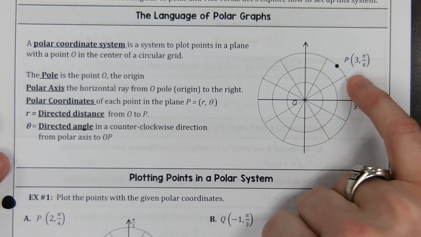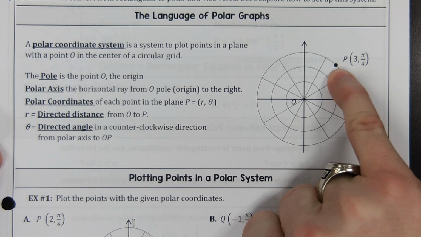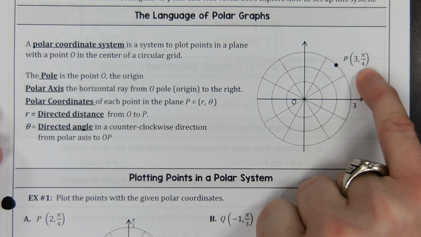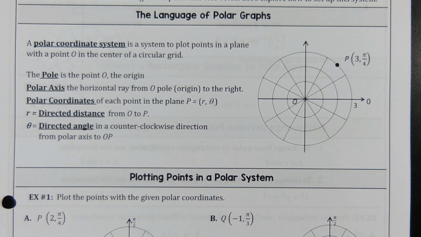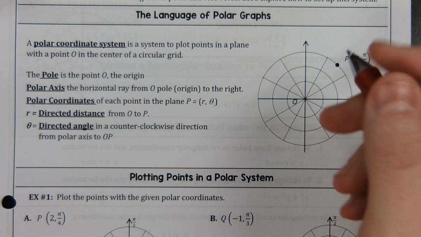Okay? So here is an example of a polar coordinate. This is 3 comma pi over 4. I find it very useful to also plot a coordinate's reflection across the origin. So that would have been here.